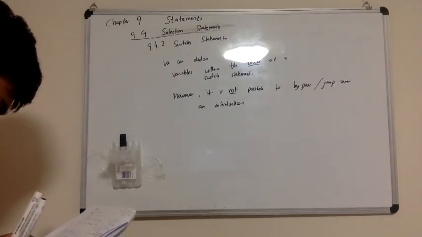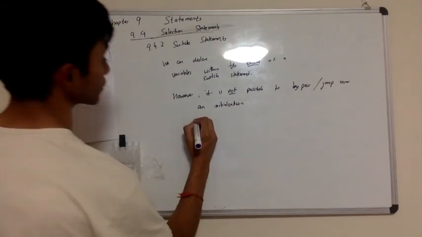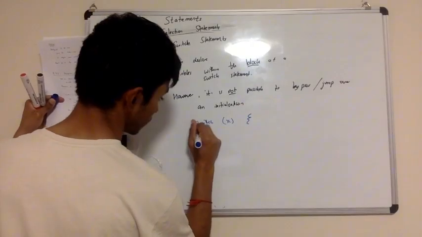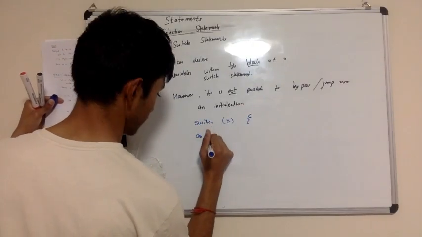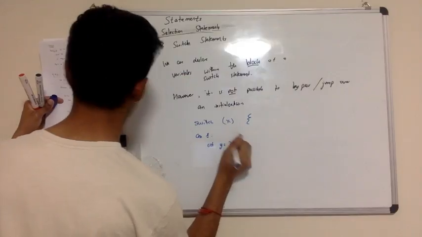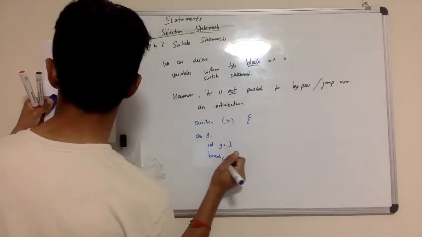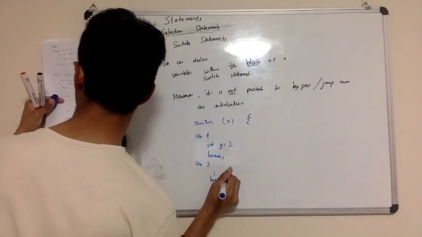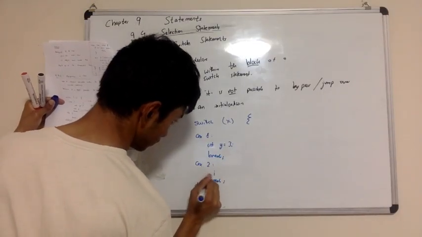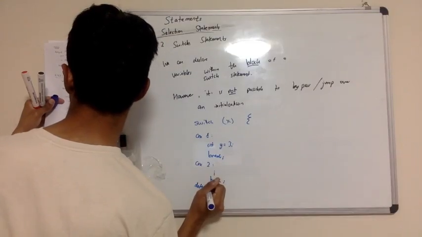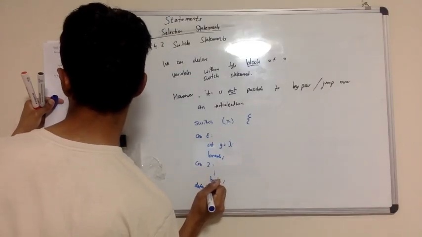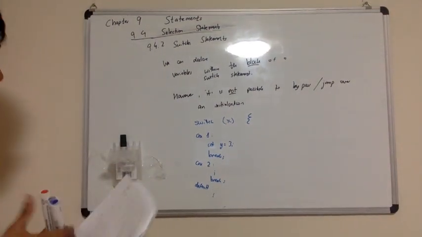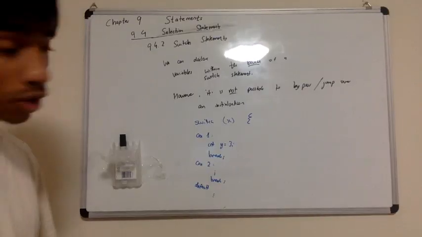But imagine you have something like this: switch, and then some x value, and then you have your opening case 1, and then we say int y equals 3, and then we break out, and then case 2, blah blah blah, whatever it is, break, and then default, blah blah blah.